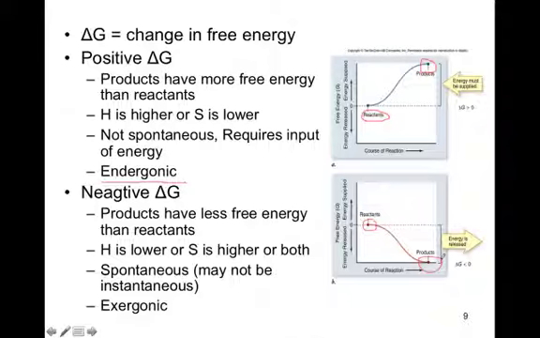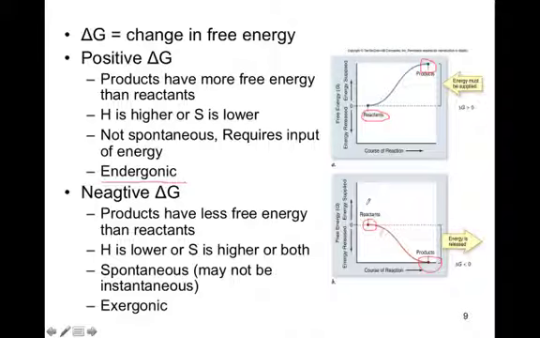Entropy is higher. These reactions are spontaneous. They may not be instantaneous, but they are spontaneous. That means that they occur without the input of energy, and thus they are exergonic.